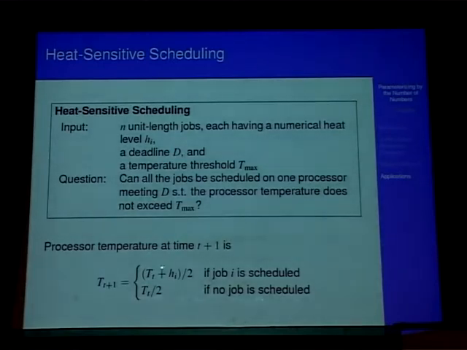So the processor temperature at time t plus 1 is given by the temperature at the previous time step plus the heat level of the job that is scheduled, divided by 2. So we have linear cooling of the heat of the processor. It might be that no job is scheduled. And so we want to meet this deadline without exceeding this temperature threshold.